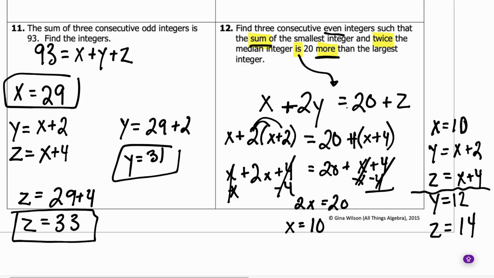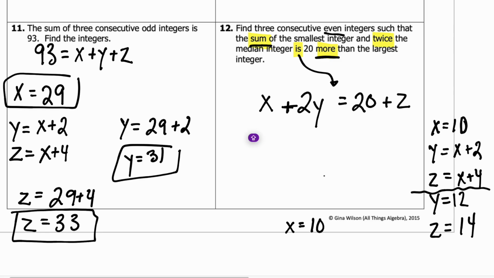And we can plug these numbers in to make sure that they work. So I think that this is 10 plus 2 times my y, which I think is 12, equals 20 plus my z, which I think is 14. Take care of this multiplication.